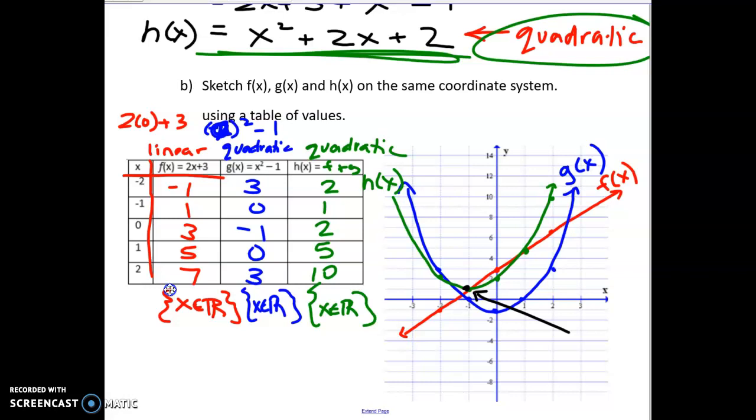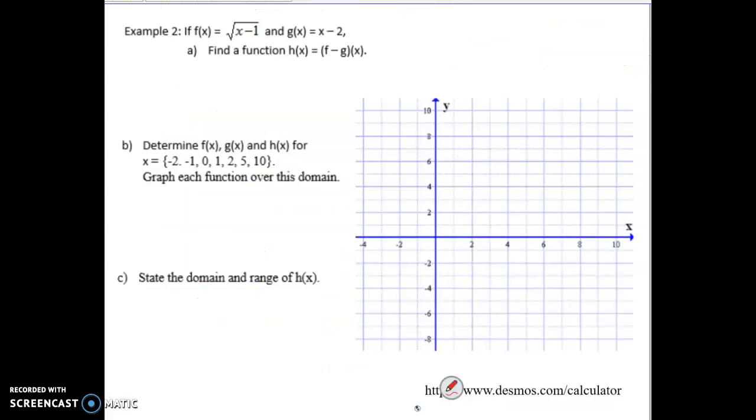So the range would be that y is greater than or equal to 1 for my h of x graph. So range, you have to look at the graph, but domain, you should be able to tell from the pattern of the previous ones.